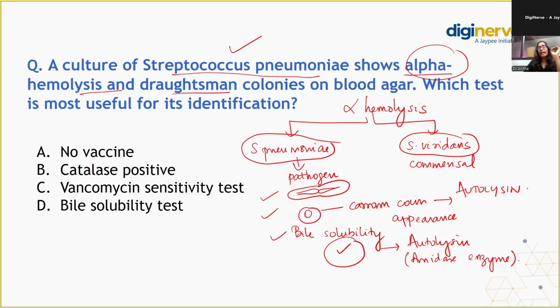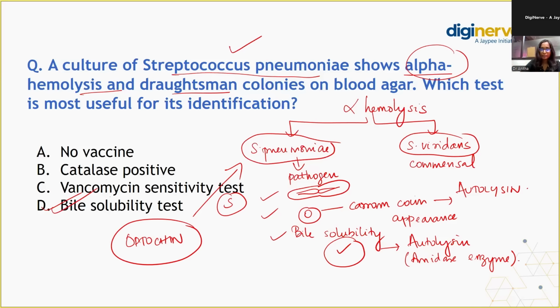Another important test is optochin. Streptococcus pneumoniae will be optochin sensitive, whereas viridans will be optochin resistant. So this is how we differentiate them. The answer here is bile solubility test.